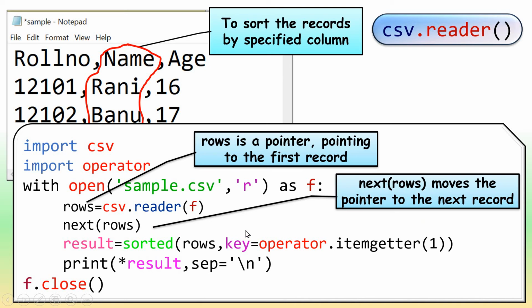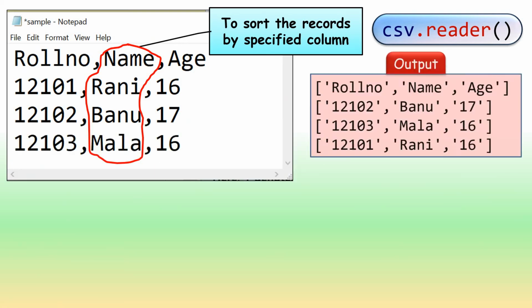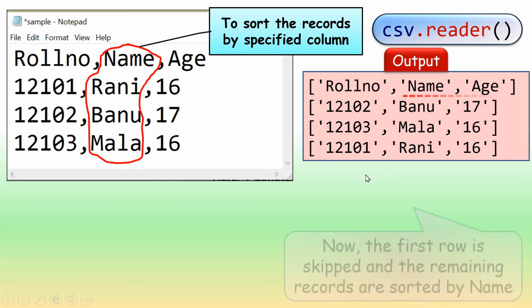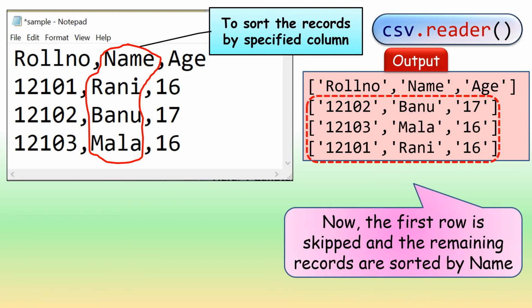So to move the pointer object to the next record, you have to give next of rows. Now observe the output of this program. The output is correct. The header line is not sorted. Only the remaining records are sorted. Now the first row is skipped and the remaining records are sorted by name.